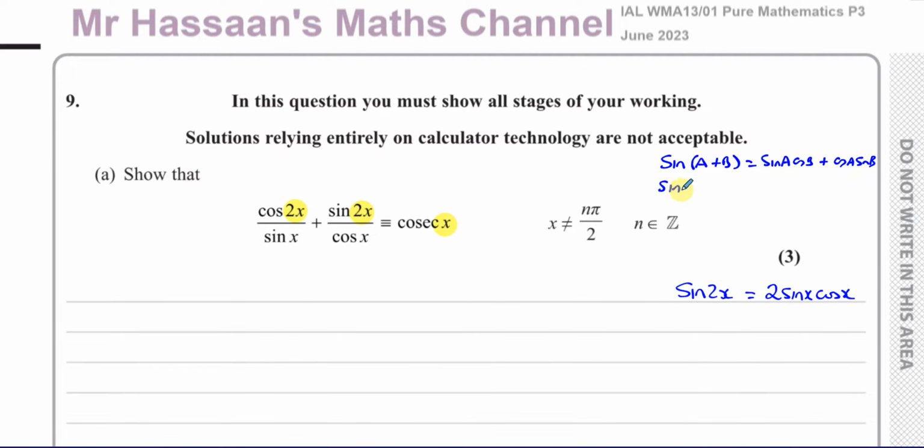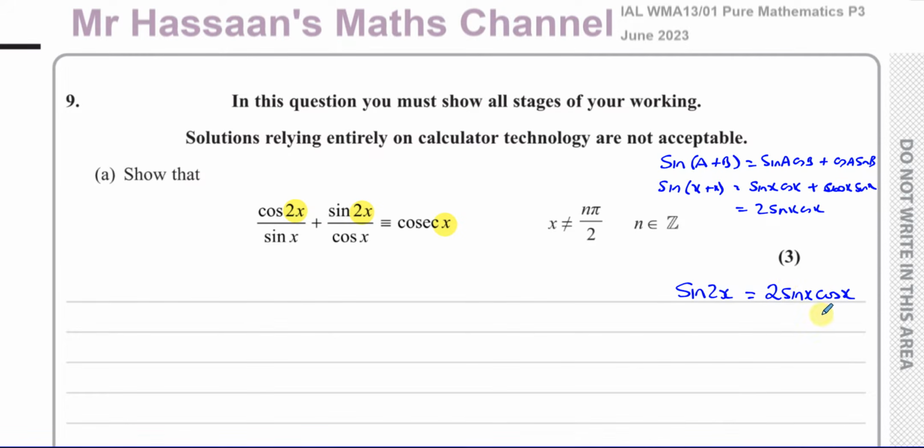If we make them both x, you have sine of x plus x, which is sine 2x. That gives us sine x cosine x plus cosine x sine x, which is basically 2 sine x cosine x. That's where that comes from.